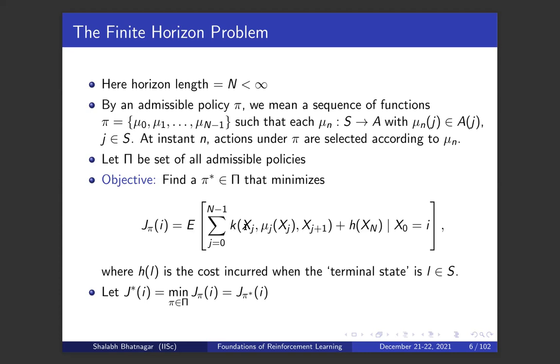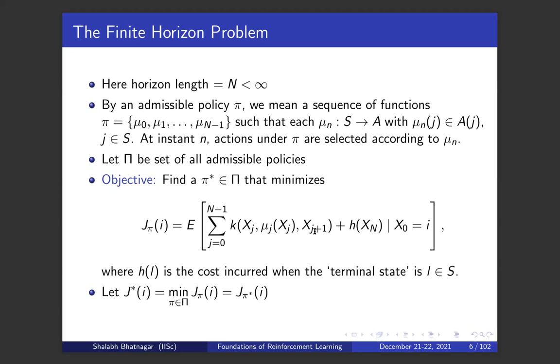So what is this sum? This is the sum of all single stage costs that you encounter during the evolution of your process. At time 0, suppose you are in state i. We are conditioning on this fact. Then we picked action mu0 of x0, according to this policy pi, which is why this is subscripted by pi. And then you incur this cost, k of x0, mu0 of x0, comma x1.